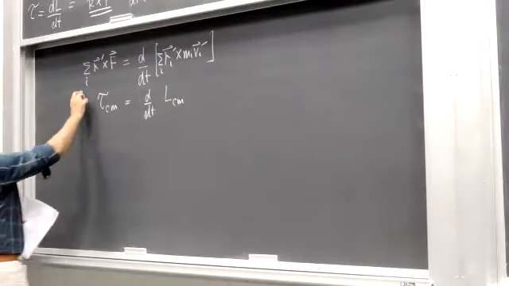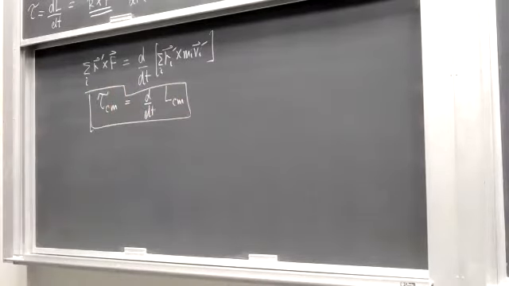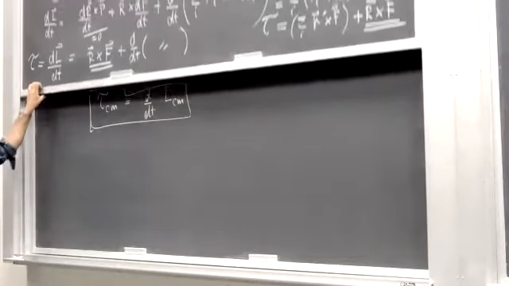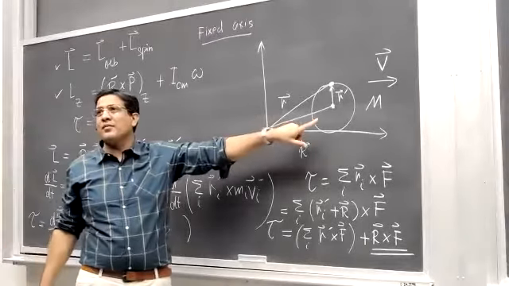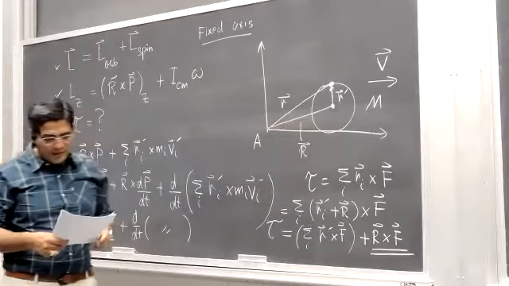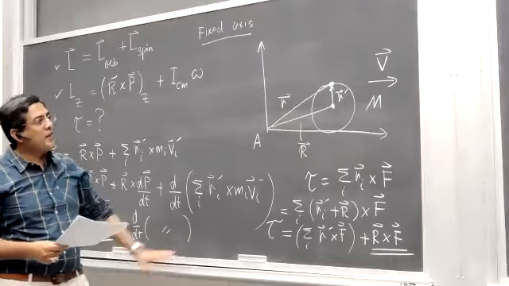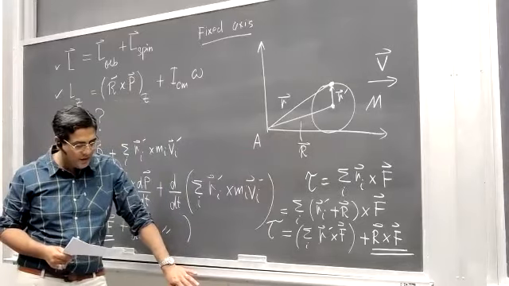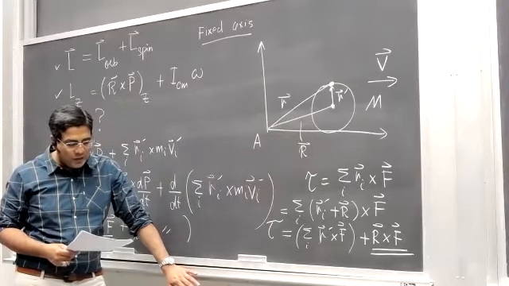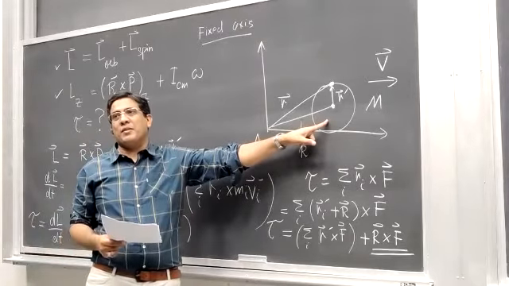Okay, it's very important. What I'm saying is that the torque in the center of mass frame of an object which is rotating and translating with a fixed axis is equal to the rate of change of angular momentum in the center of mass frame.